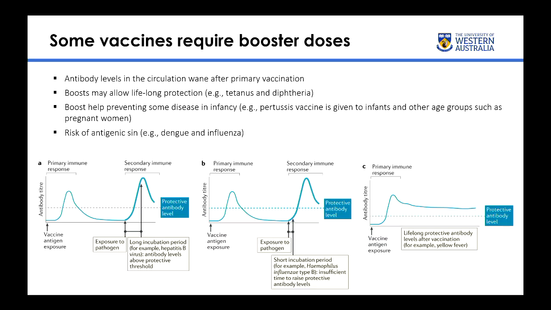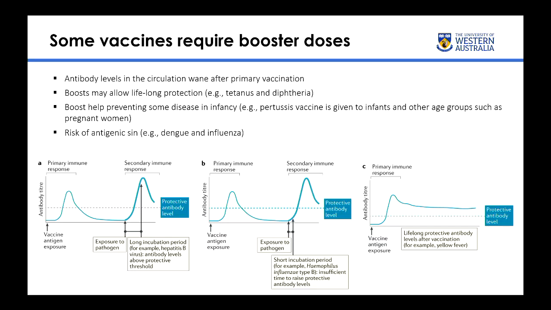And when we think about booster doses, you always have to think about antigenic sin as well. We've seen that with Dengvaxia, which you might have heard of before: a vaccine now used only in very few countries, where you need to have been exposed to dengue before you have the vaccine, and it's not given to children anymore.